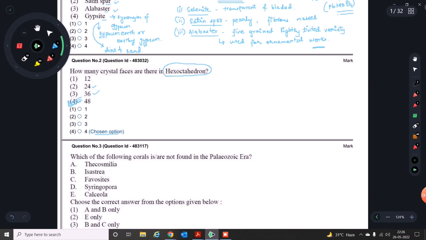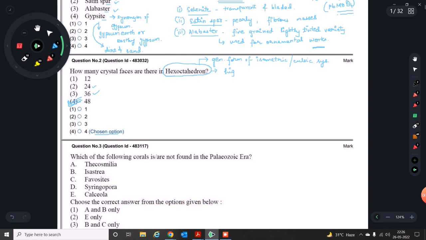Okay, hexoctahedron is the general crystal form, and general forms are the highest symmetry forms. General form of the isometric, or you can say cubic, crystal system.